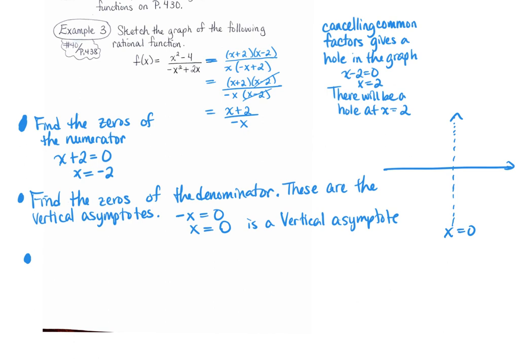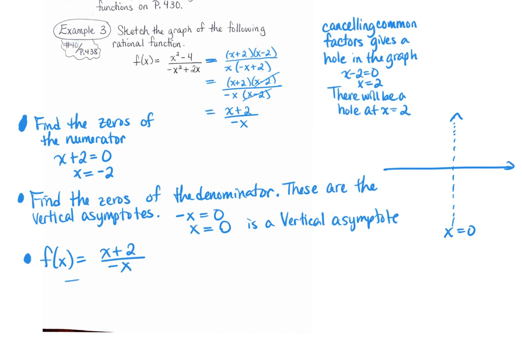And so now we want to find our horizontal asymptote. We know f of x is equal to x plus 2 over negative x. How do we find our horizontal asymptote? That's right. Good, both of you. And we went to that because the degrees are what? The same.